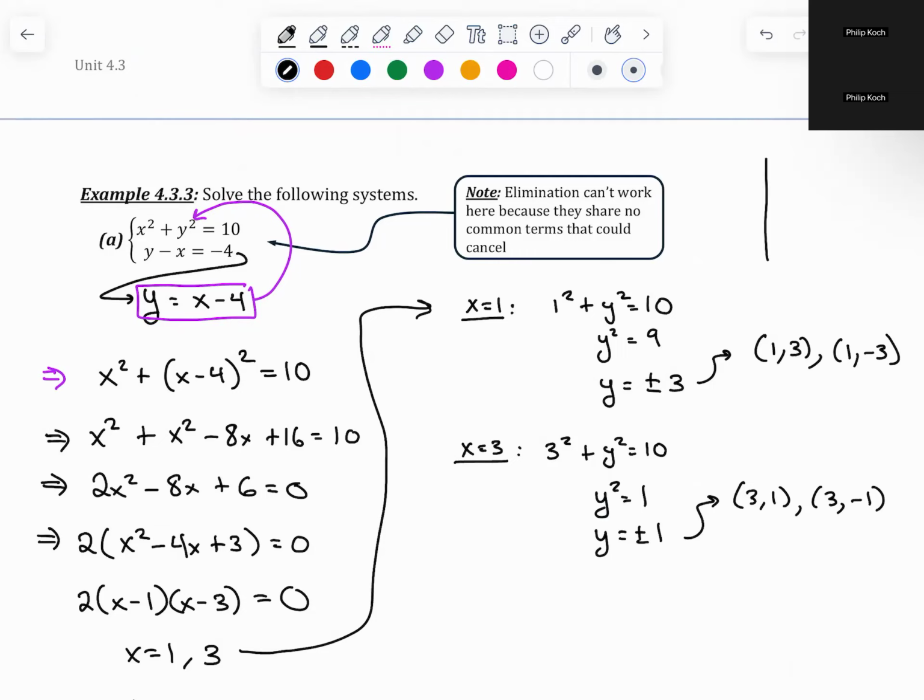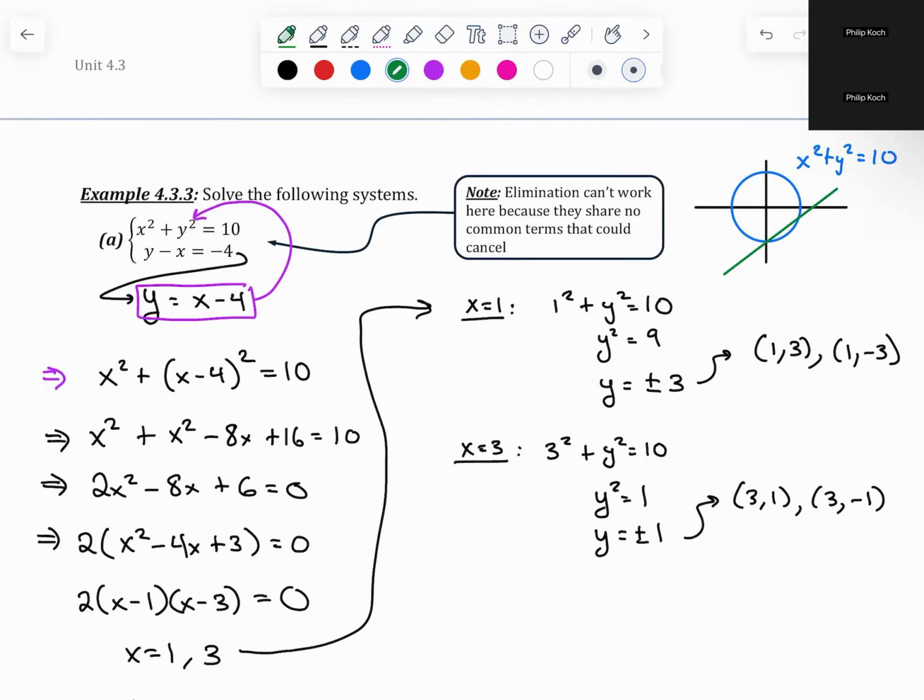So if you were to graph this, that would be x squared plus y squared equals 10. And then y equals x minus 4, that's a line with slope 1 and y-intercept negative 4. And what that will end up looking like is like this.